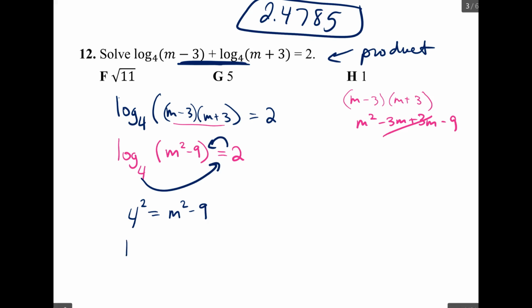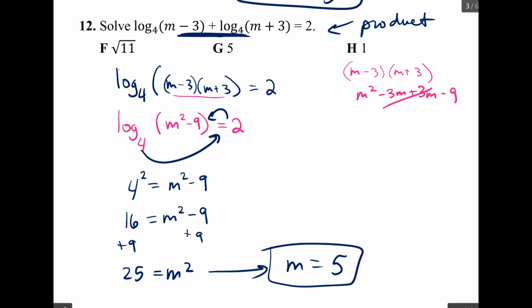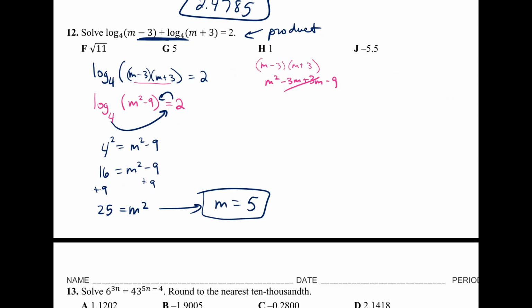Yeah, and 4 squared is 16 equals m squared minus 9. And then you add 9, and then you do the square root of 25. Yep, what do you get? 5. Alright. Because if you do this wrong, you get square root of 11.